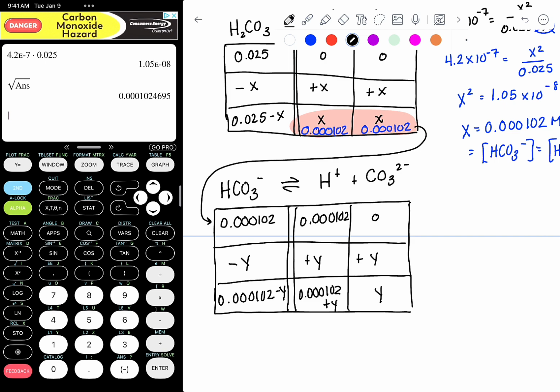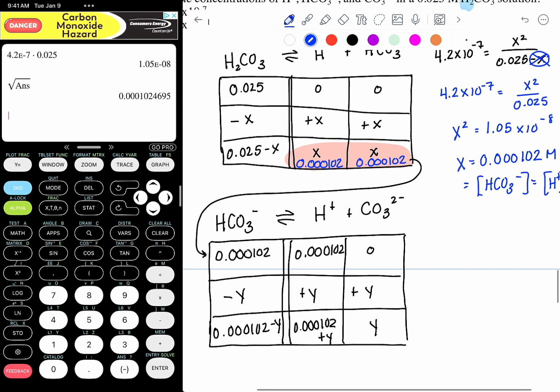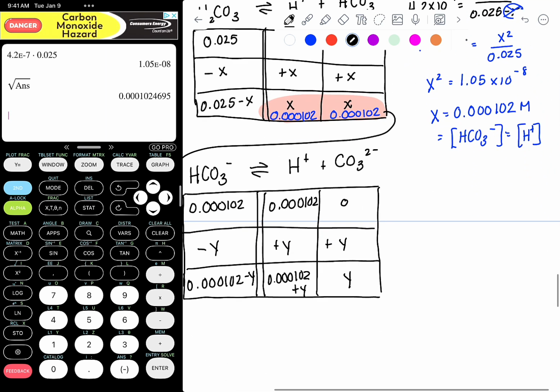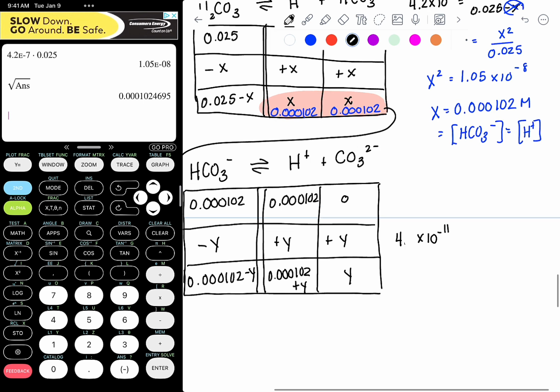And now we plug in for our Ka again. So we have Ka2 is 4.8 times 10 to the minus 11. So 4.2 times 10 to the minus 11, 4.8, sorry. 4.8 times 10 to the minus 11 is now equal to y times 0.000102 plus y divided by 0.000102 minus y.